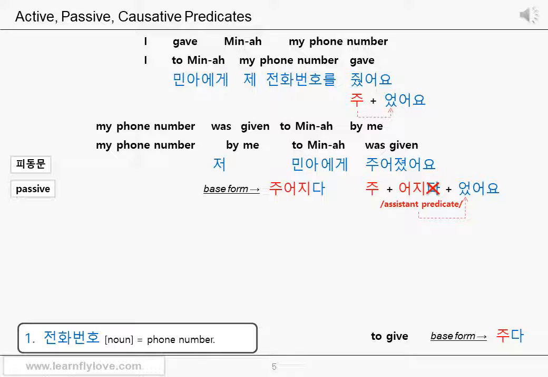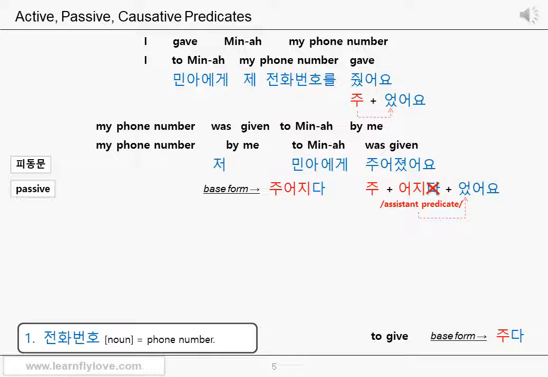Please listen carefully. We explained a lot about the particle 에게 in the previous page, right? We told you that the particle 에게 can be used to indicate someone who actually performs the action in the passive sentence. But the particle 에게 cannot be used here. There are two major reasons.